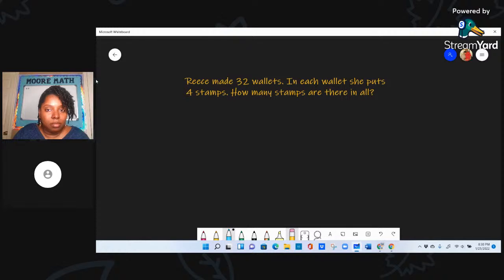To find how many stamps there are in all. So go ahead and do 32 times 4, and then we're going to write an explanation.